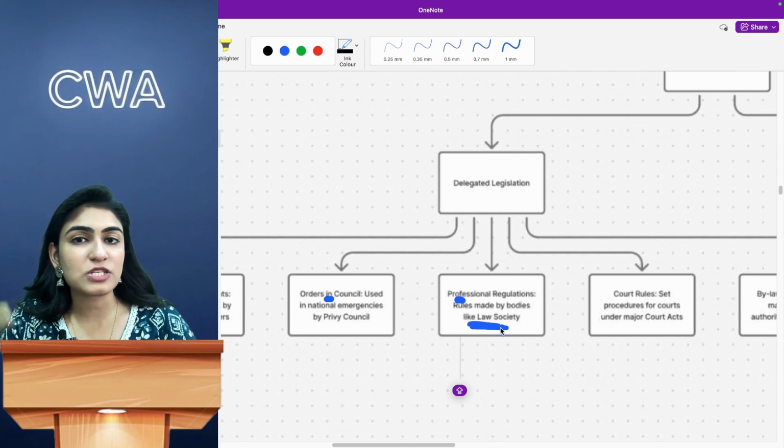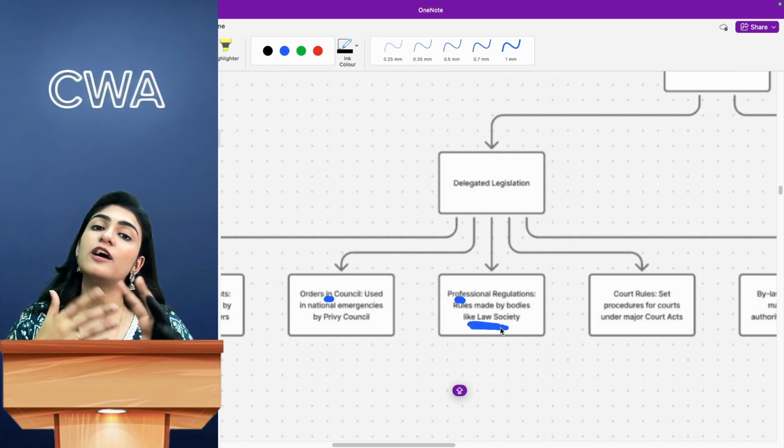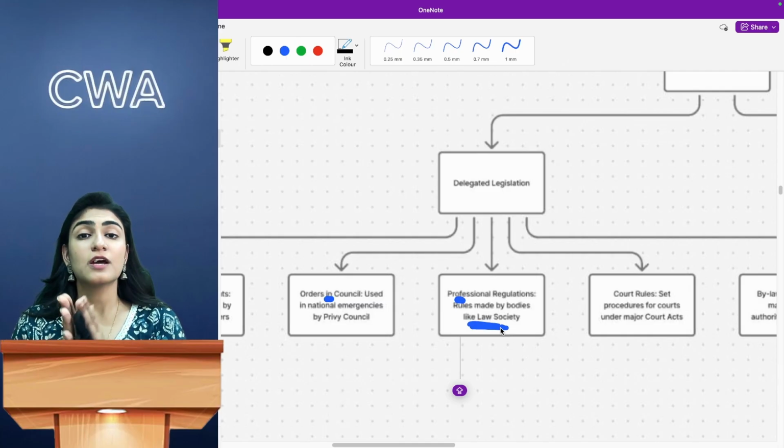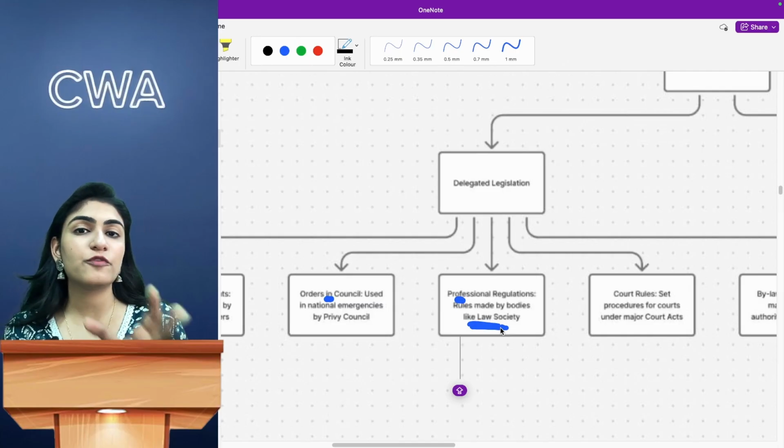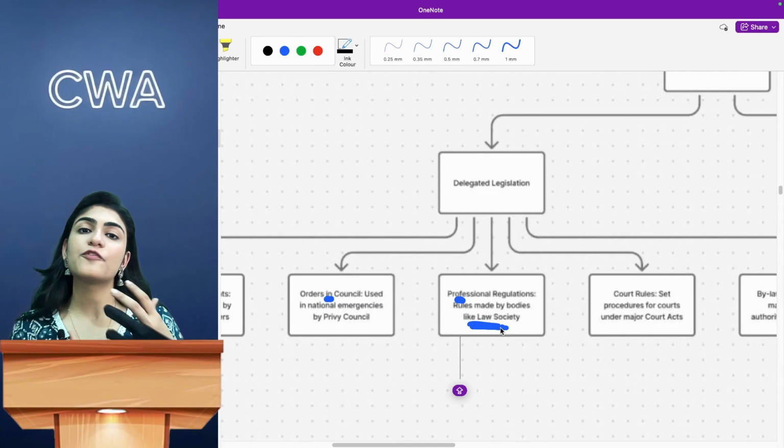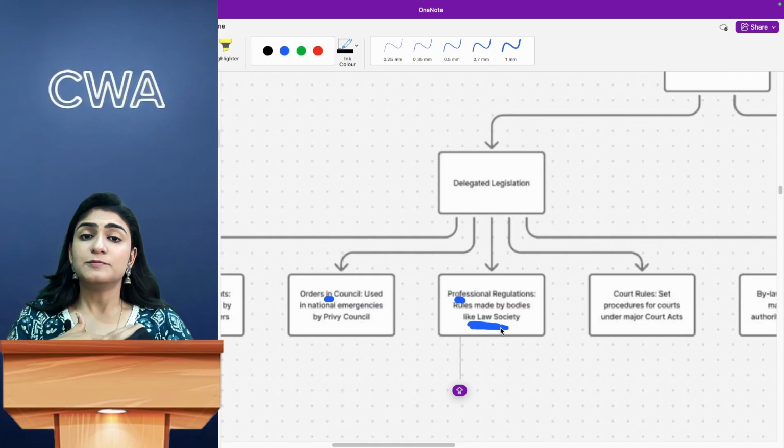let's say a law society that consists of lawyers only. A few rules and regulations were supposed to be made only and only for those people. Let's say we are future ACCAs.